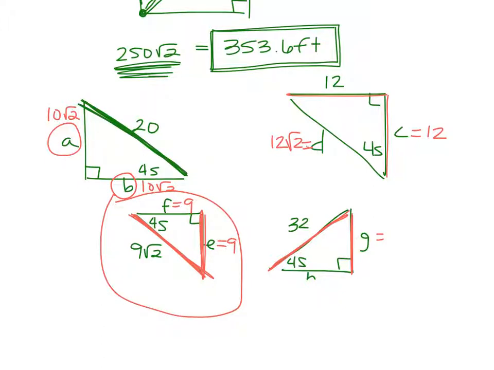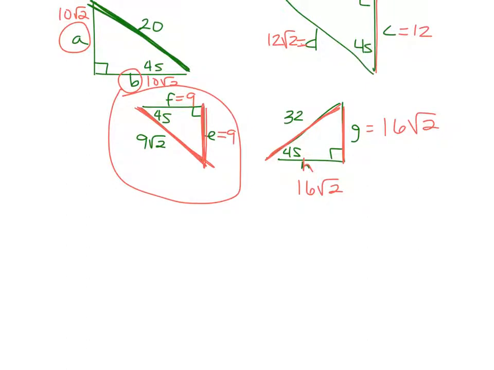What's half of 32? 16 rad 2. What's H? 16 rad 2. Okay? If you don't want to use the shortcut to the shortcut where you just cut it in half and multiply by rad 2, that's fine.